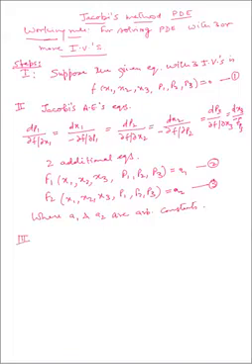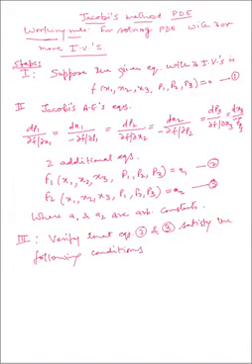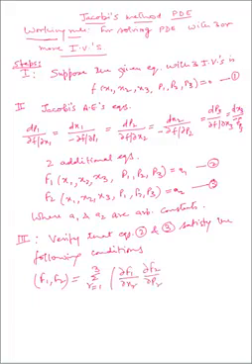In step 3, we will check and verify that the relations 2 and 3 satisfy the following conditions. These conditions are [f1, f2] is equal to sigma r is equal to 1, 2, 3 of del f1 upon del xr into del f2 upon del pr minus del f1 upon del pr into del f2 upon del xr is equal to 0.